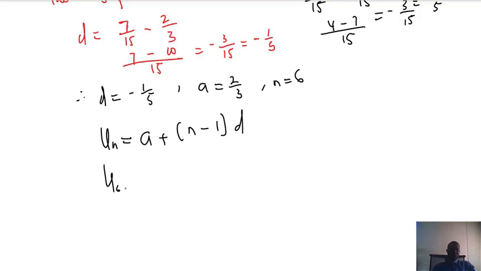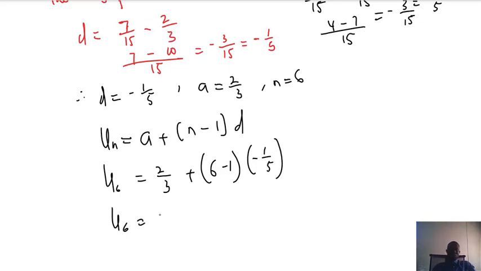So we have U6, whereby we are finding the sixth term. It's going to be the first term, which is 2 over 3, plus bracket of 6 minus 1, all times negative 1 over 5. So you have U6 equal 2 over 3 plus 5 times negative 1 over 5.